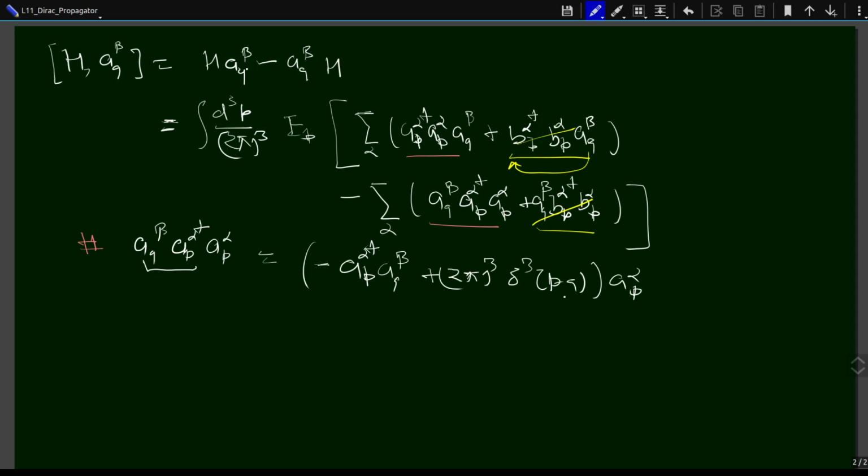And still there is no cancellation, because here a_q^beta is sitting in between. Now a_q^beta and a_p^alpha anti-commute, sorry, so I just change the sign over there and bring it to the other side.